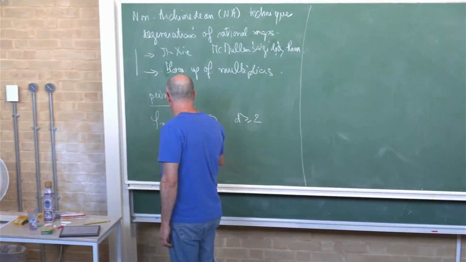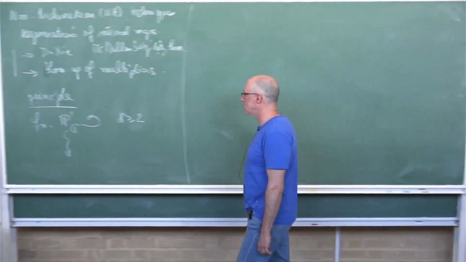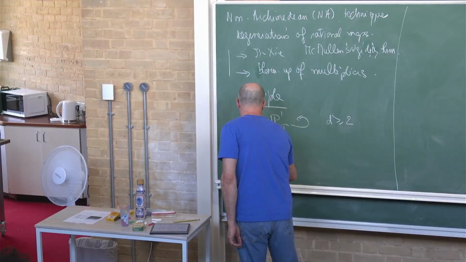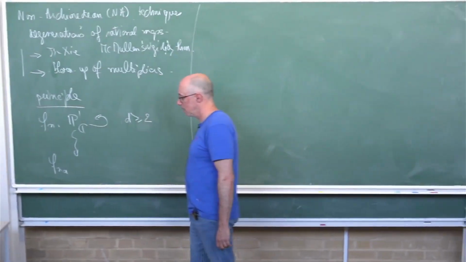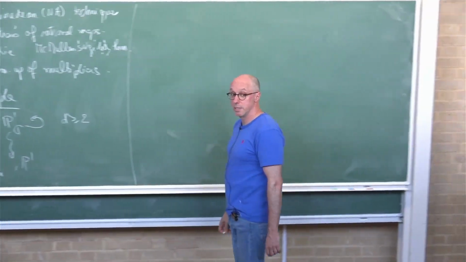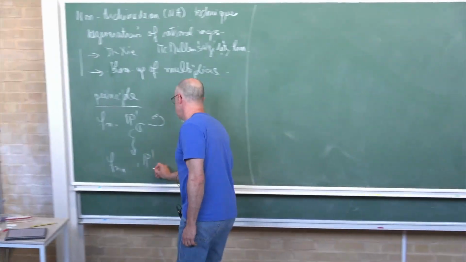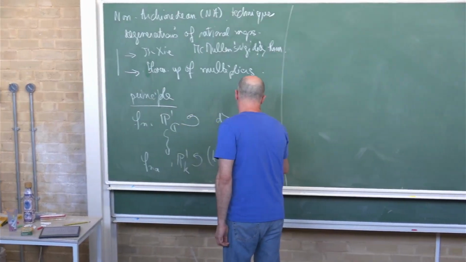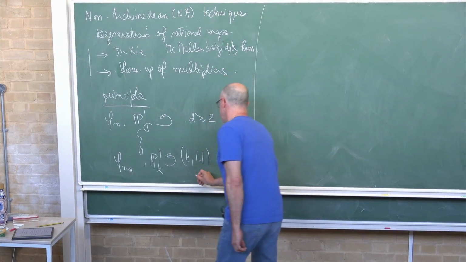And what we're going to do is to attach to this sequence another dynamics, Fna, NA for non-Archimedean, that will live on P1, but not necessarily over C, over some new field. Let me call it K. K will be a normed field, which will be non-Archimedean.